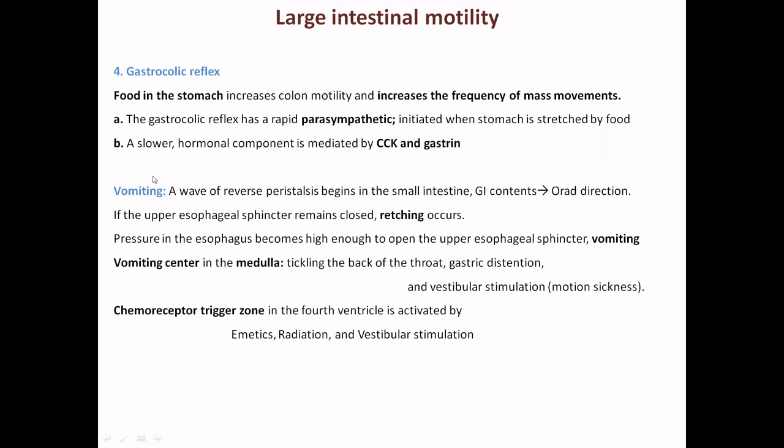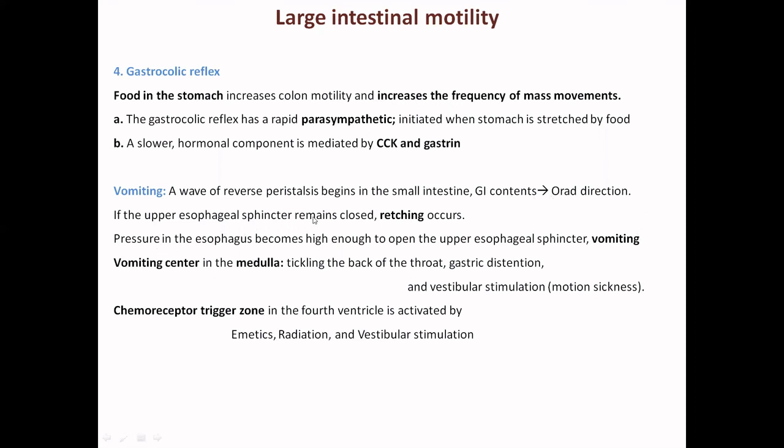And this is not normal, but vomiting happens. That is because of reverse peristalsis. A wave of reverse peristalsis begins in the small intestine, so the gastrointestinal content will move in the opposite direction toward the oral region, toward the mouth.